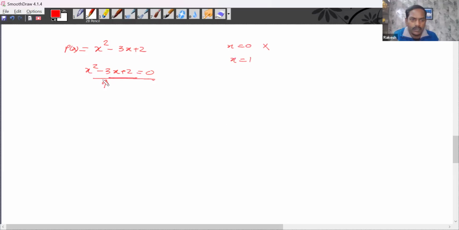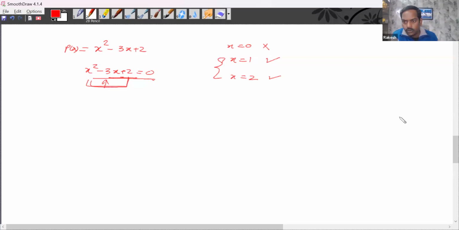For x equal to 1, you can see that this expression is becoming 0. For x equal to 2, the expression is again becoming 0. So these are the two roots of this quadratic equation, right? Remember this term, root of the quadratic equation. This will be heavily used in the upcoming lectures or videos, right?